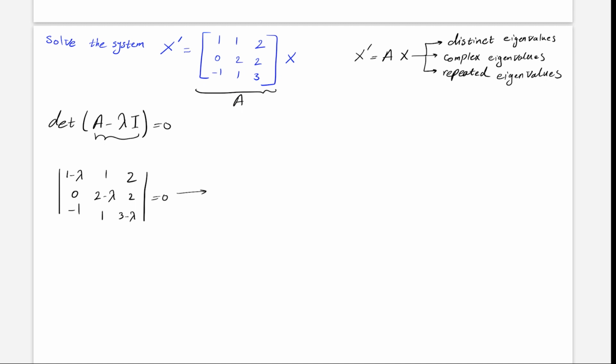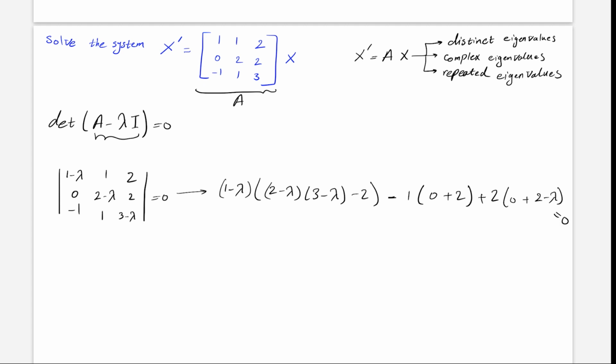I'm not going to fully explain it, but this will be 1 minus lambda times 2 minus lambda times 3 minus lambda minus 2, and then minus 1 times 0 minus 2, which will be plus 2, and then plus 2 times 0, plus 2 minus lambda. This expression should be 0.